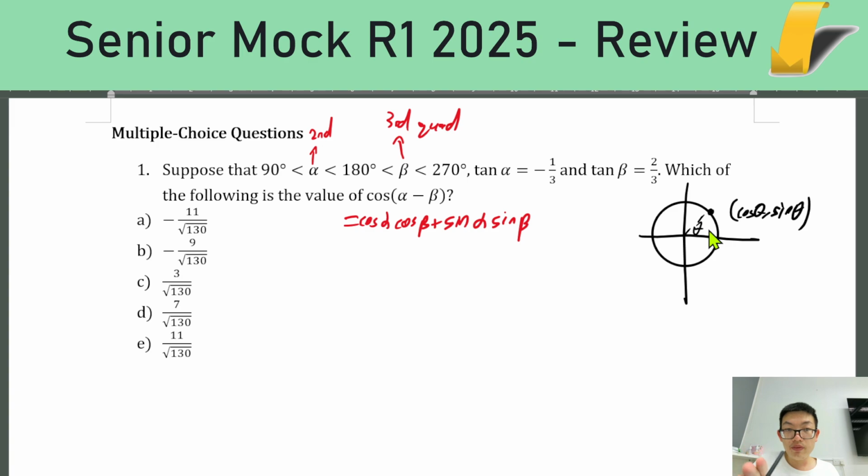From there, let's say to get sine and cosine, you can use Pythagorean identities, but you can also just draw the right-angled triangle. Right, so this is for alpha.